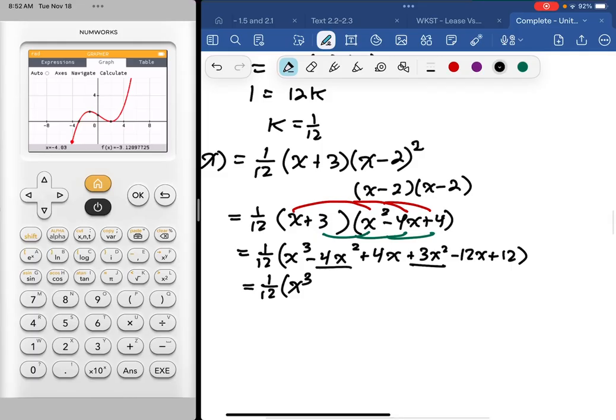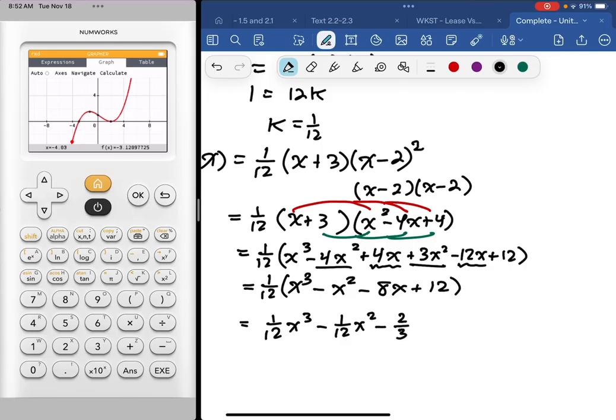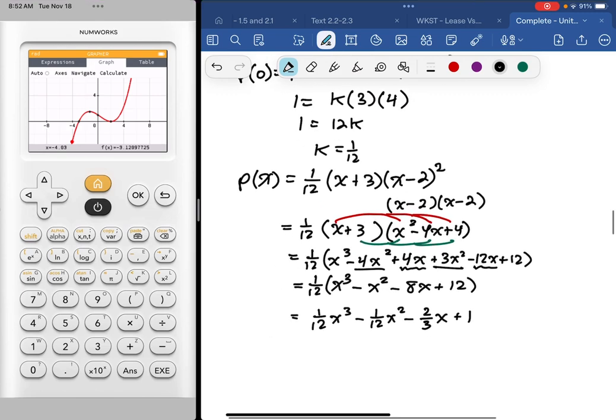These two can go together, so minus x squared. These two can go together, so minus 8x plus 12. So 1/12 x to the third minus 1/12 x squared minus 8 over 12 x plus 12 over 12. We want to simplify that. Top and bottom are divisible by 4, so minus 2/3 x, plus 1. So that's my p of x.